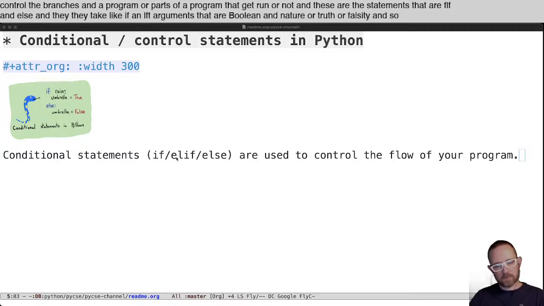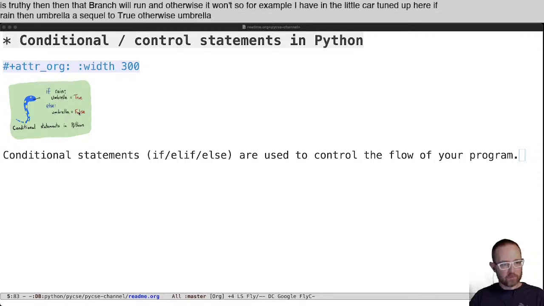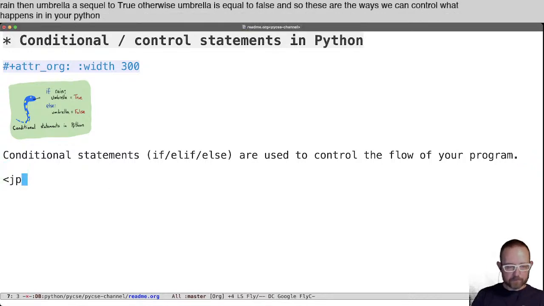If something is truthy, then that branch will run, and otherwise it won't. For example, in the little cartoon up here, if rain, then umbrella is equal to true. Otherwise, umbrella is equal to false. These are the ways we can control what happens in your Python programs.